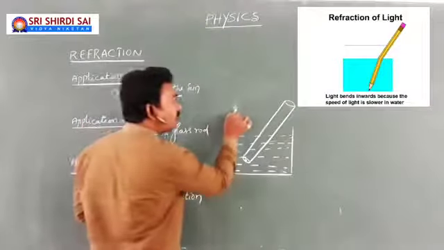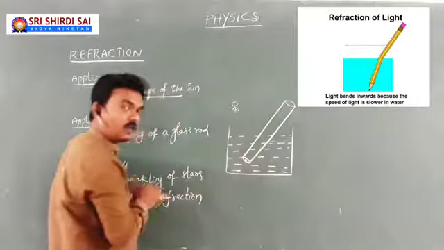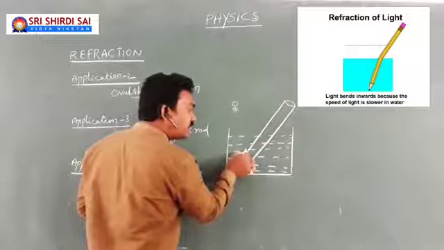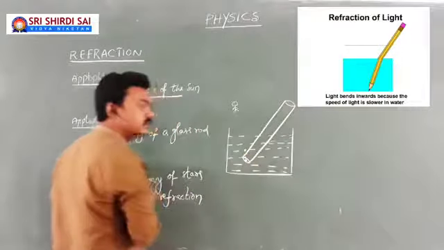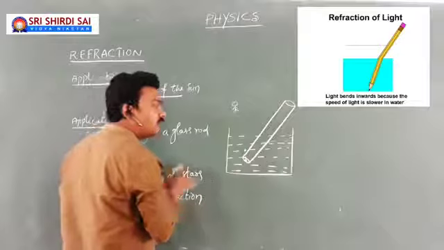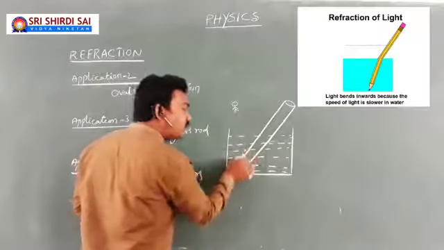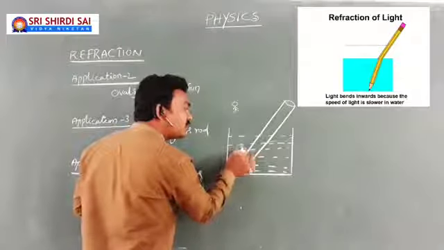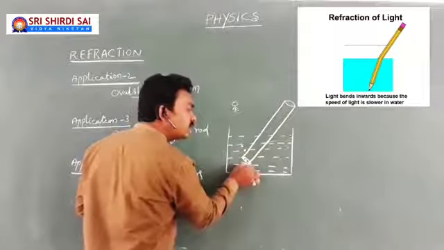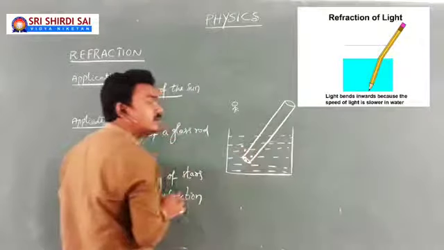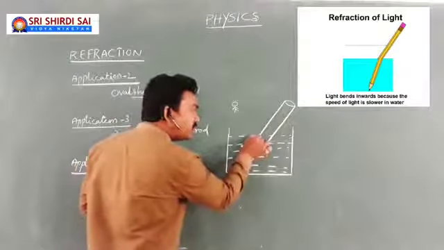When the observer looks at the immersed portion of the rod, this point object will have a normal shift. Like that, each and every point on the glass rod will have a normal shift.